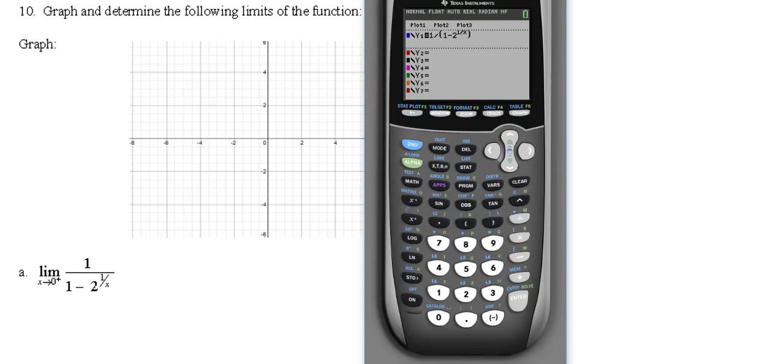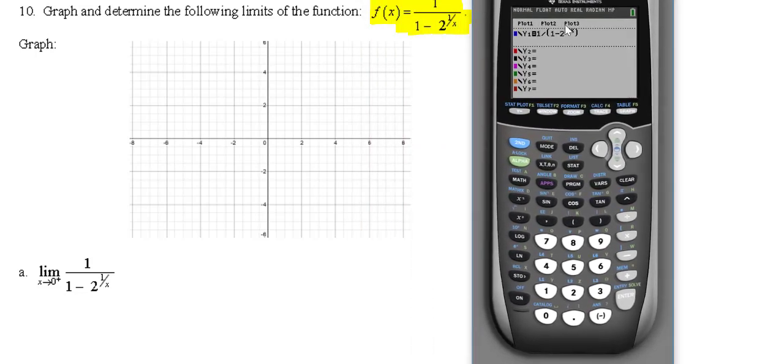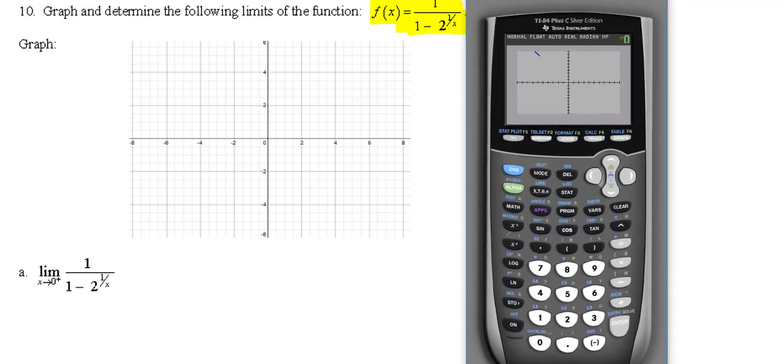I will carefully type in the function, making sure that in my denominator is the 1 minus 2, and the 2 is raised to the 1 over x. Then I'm going to hit zoom 6 so I can see it in a standard window, which looks like maybe negative 10 to 10 for x, negative 10 to 10 for y, and we'll take a look at what that looks like.